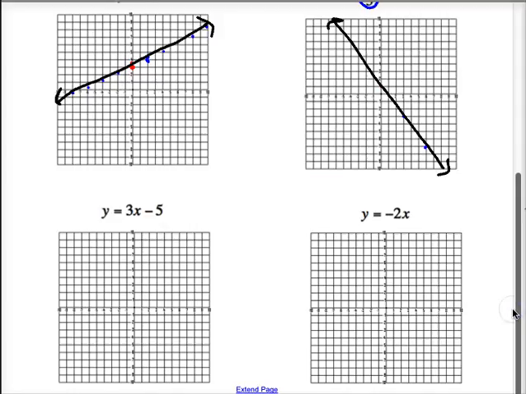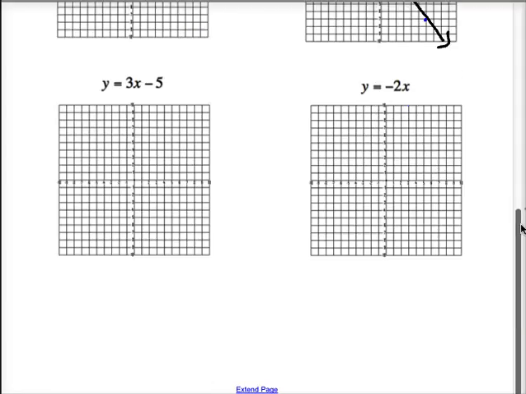All right, now, what about when you have whole numbers? So here I have 3x minus 5. So it starts just as easy. Here's my y-intercept starting down at negative 5. But my slope is 3. It's a whole number. So when it's a whole number, think of your rise over run as 3 over 1.